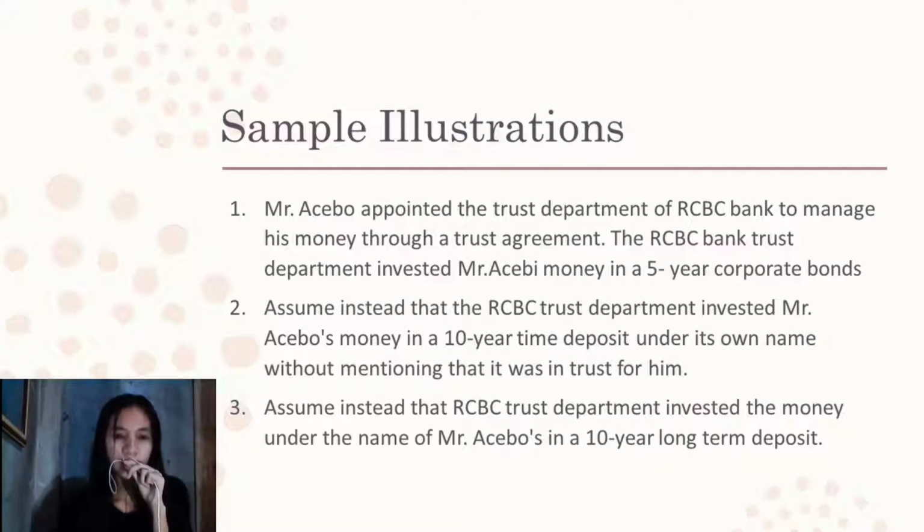So for illustration 3, assume instead that RCBC Trust Department invested the money under the name of Mr. Acebo in a 10-year long-term deposit. So in this illustration, Mr. Acebo's interest income from the trust agreement will be exempted from income tax because he held the deposit or the investment in a continuous period for at least 5 years.